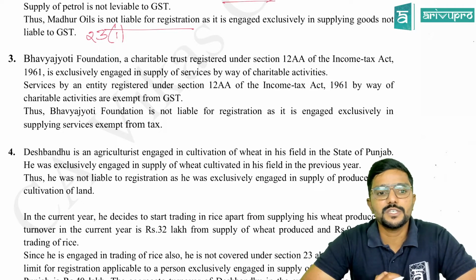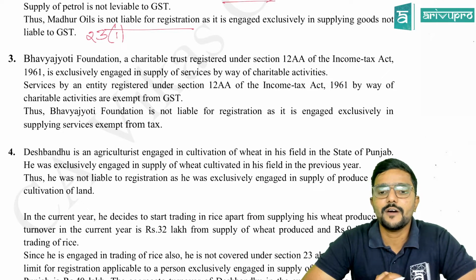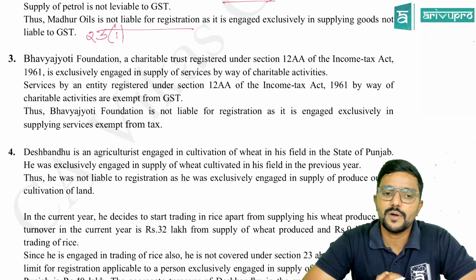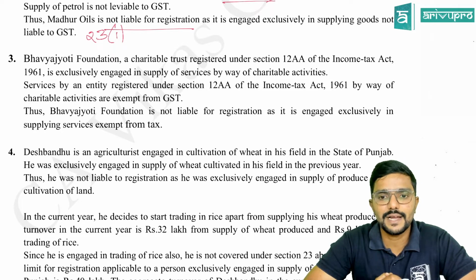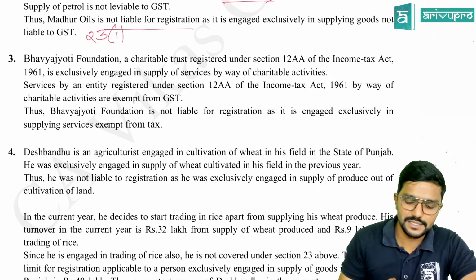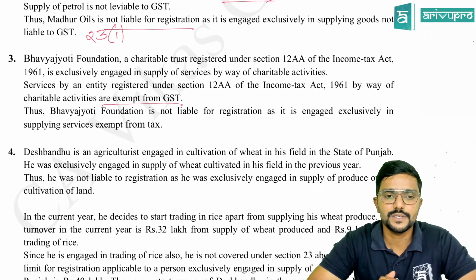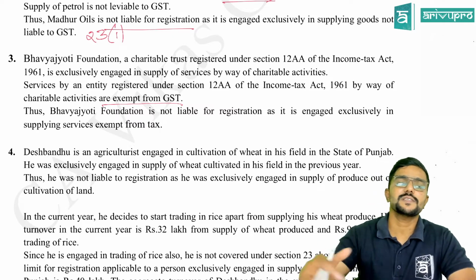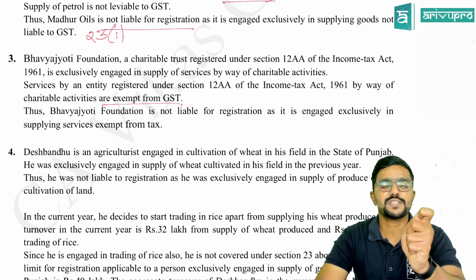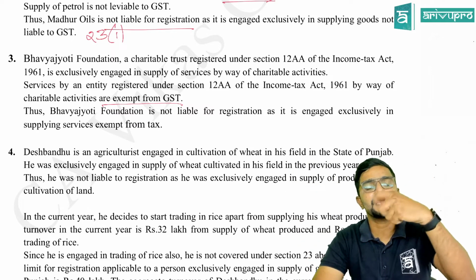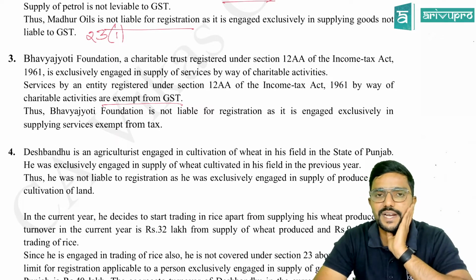So the charitable institution which is registered under section 12AA of the Income Tax Act is providing services by way of charitable activities. Services by an entity registered under section 12AA of the Income Tax Act by way of charitable activities are exempt from GST. Thus, they are exclusively providing services which are exempt under GST. So should they get registered?